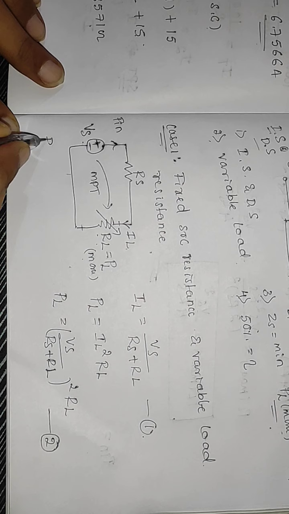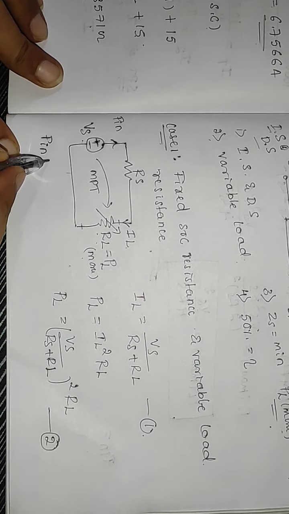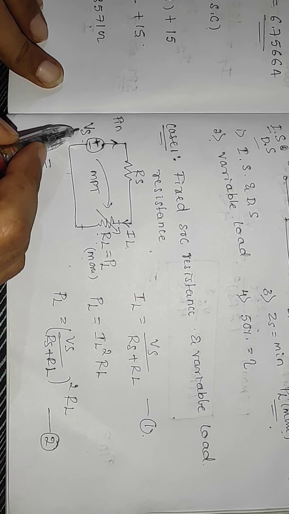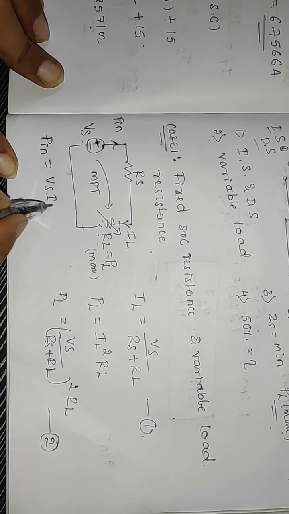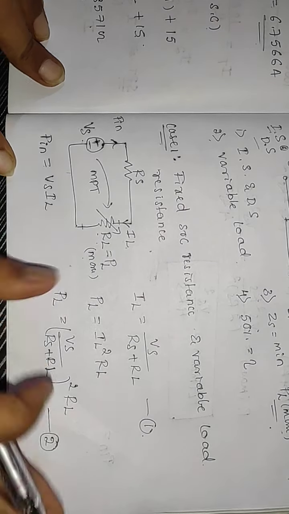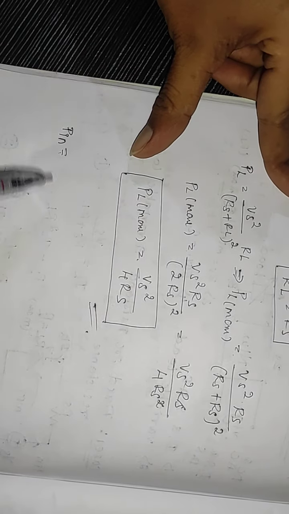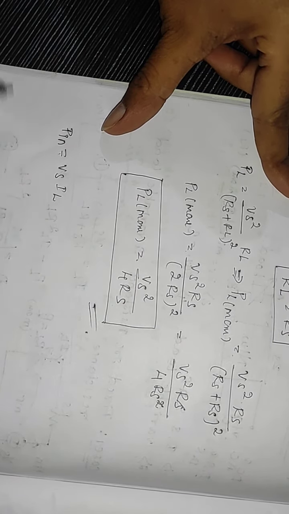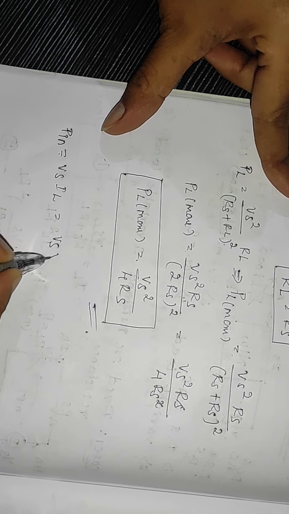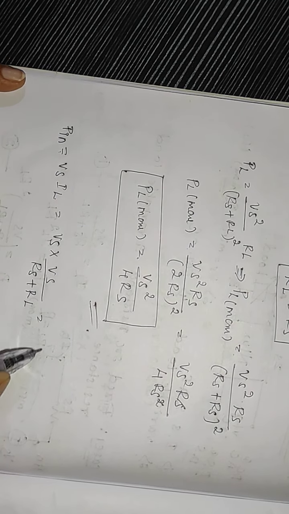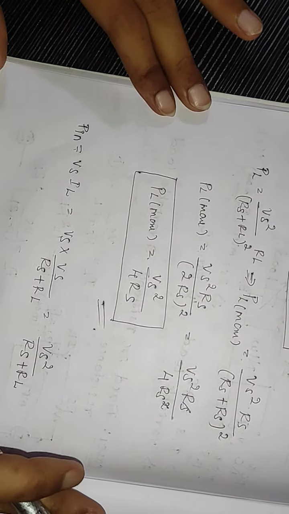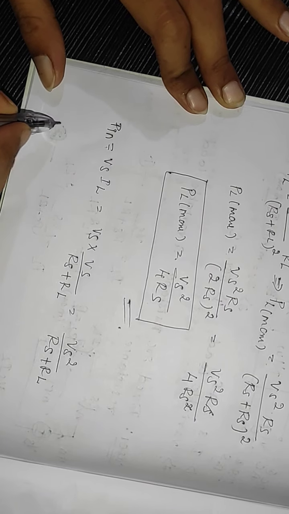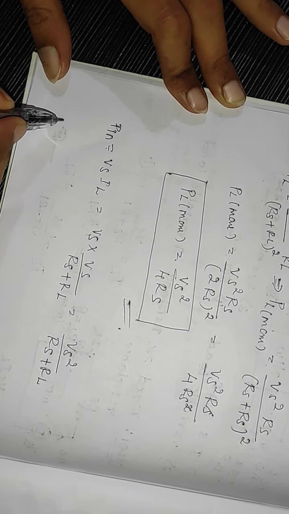Here P in, the power delivered from the voltage source, is VS, and the current from this source is IL, right? So VS into IL. Substituting the IL value, VS into VS divided by (RS plus RL), right? So P in equals VS square divided by (RS plus RL). Applying MPT here, in the maximum power transfer condition, RL equals RS, right?